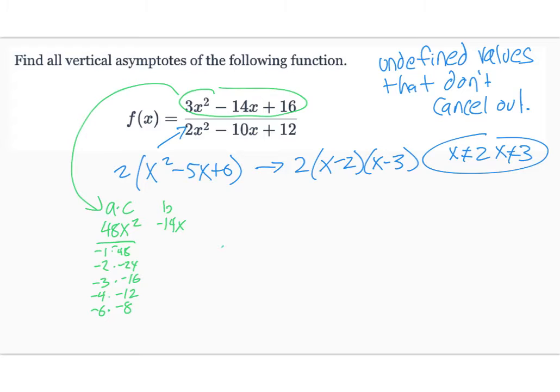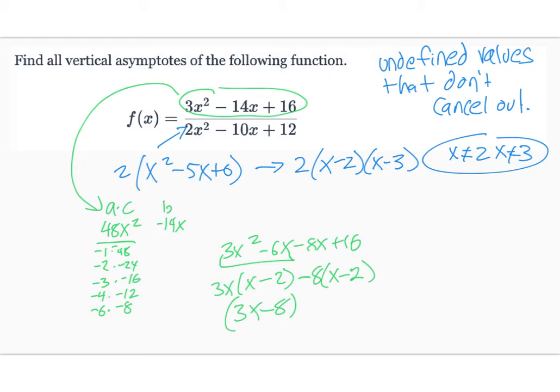Okay. So 3x squared minus 6x minus 8x plus 16. I can take a 3x out of both of the first two, leaving me with an x minus 2. And I can take a minus 8 out of both of the last two, leaving me with an x minus 2. So we get 3x minus 8 and x minus 2.